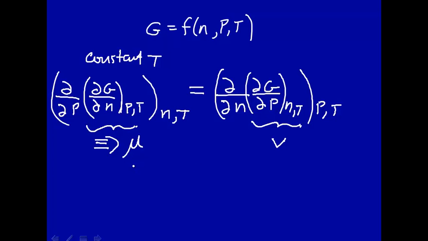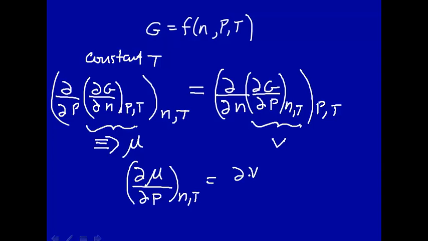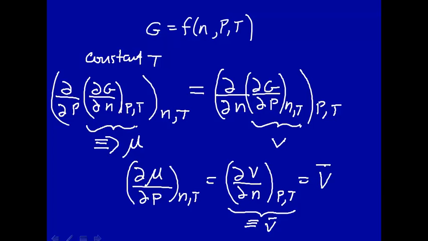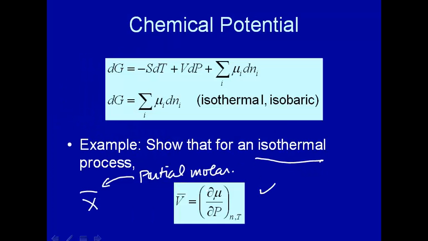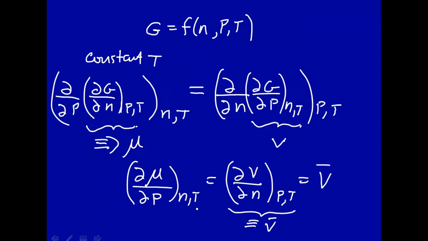So just write this: how mu changes with P at constant N and T is how volume changes with N at constant P and T, and this is defined as the partial molar volume, how volume changes with the number of moles. That's just partial molar volume. So it looks like we've shown that partial molar volume is how mu changes with P at constant N and T. All right, so that's it for Lecture 8.